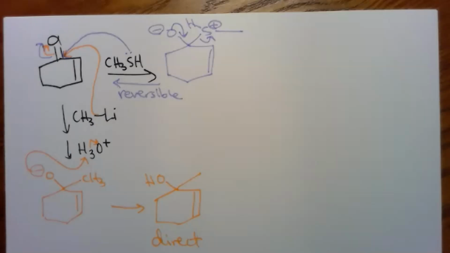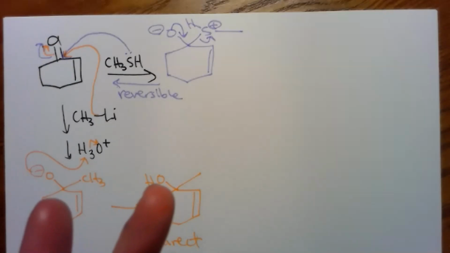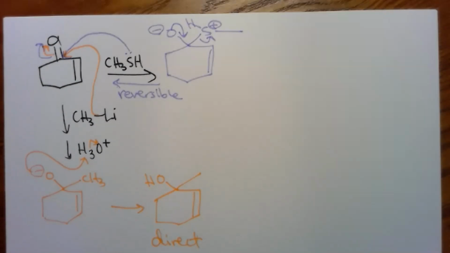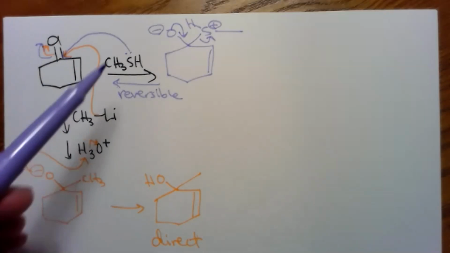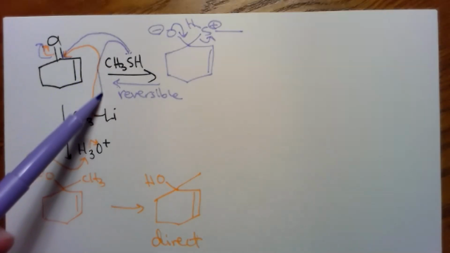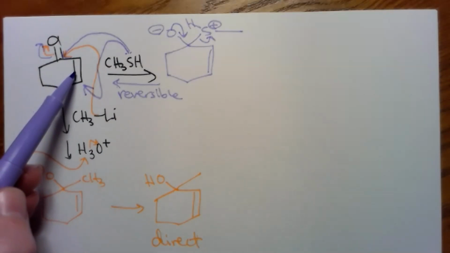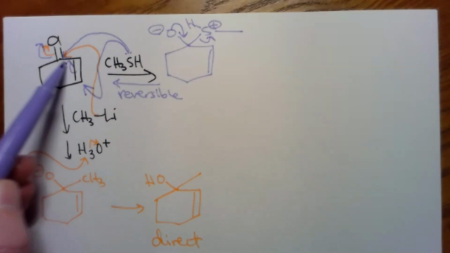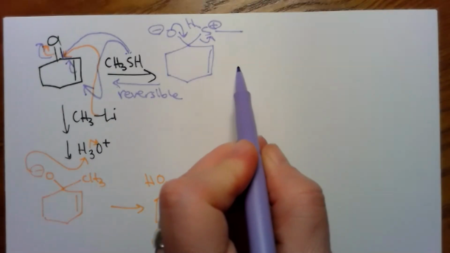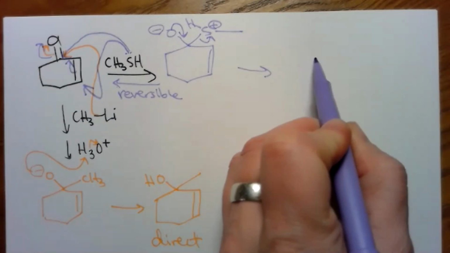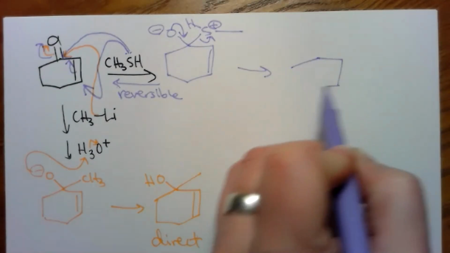But remember, conjugated carbonyls have 2 sites for nucleophilic attack, 2 sites that are partially positive. So this sulfur can also attack down here because he's slow and patient and can wait around for the positive charge to be ready for attack down there.